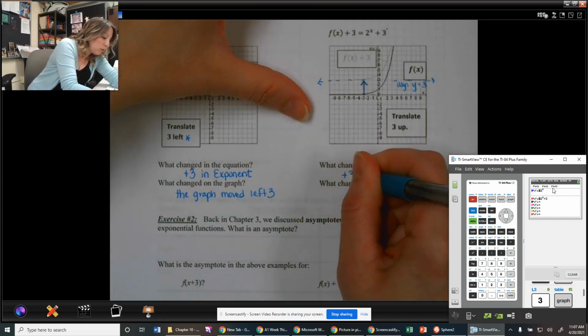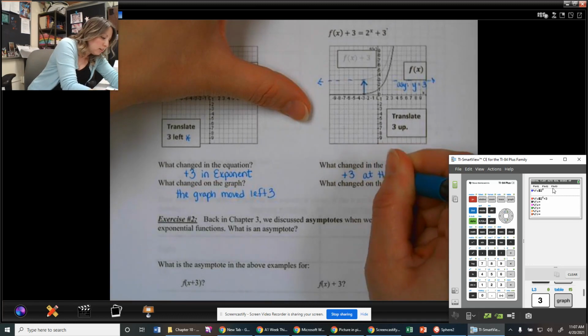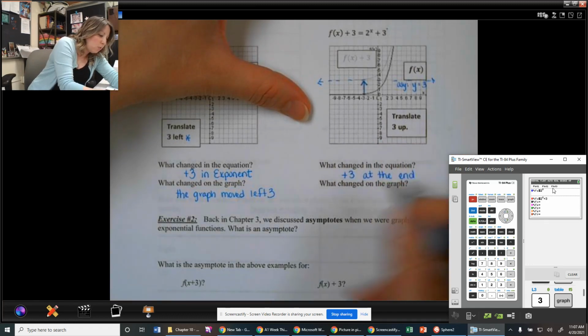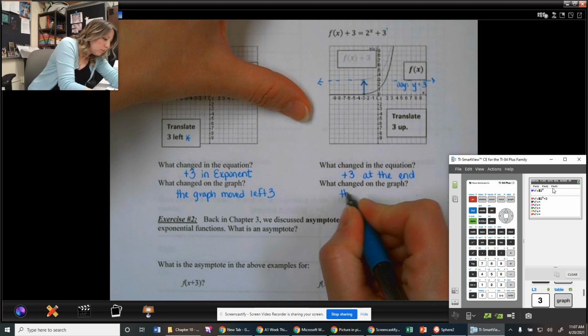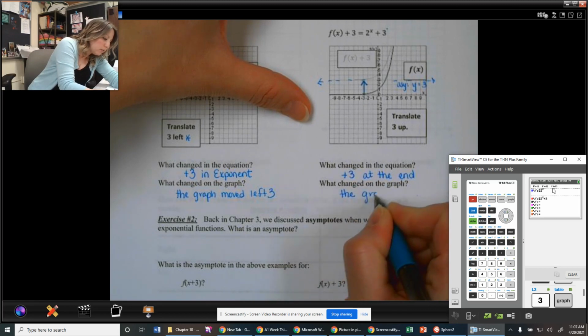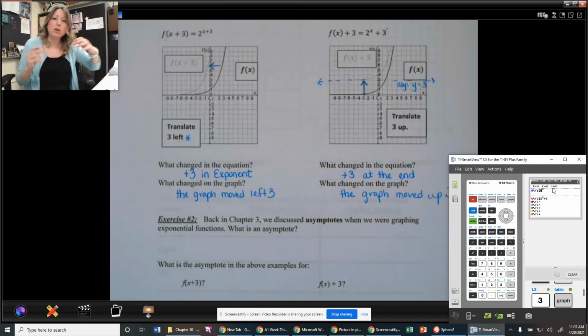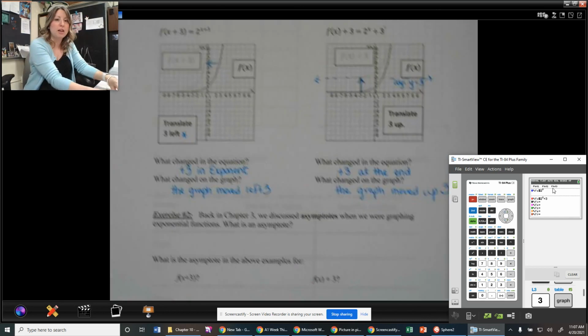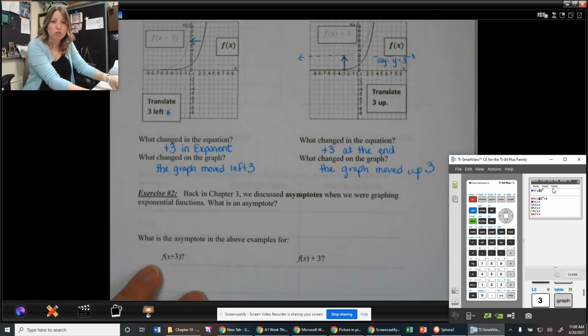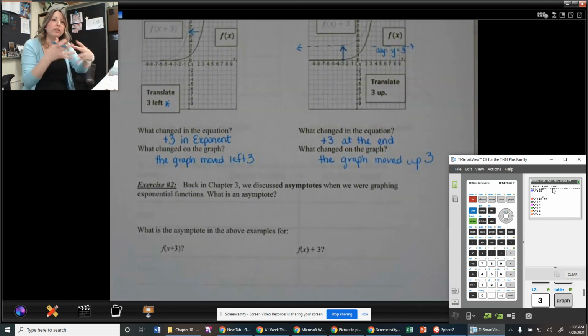We added 3 at the end. And what changes in the graph? The graph moved up 3.